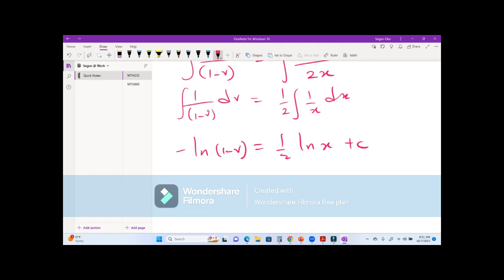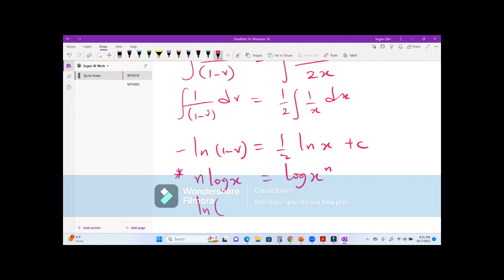So at the end of the day, what do we have? Remember the law that says n log x is the same thing as log x raised to power n. Remember this? So the same thing will happen here. This is more or less minus 1.